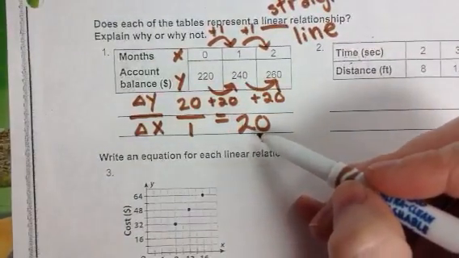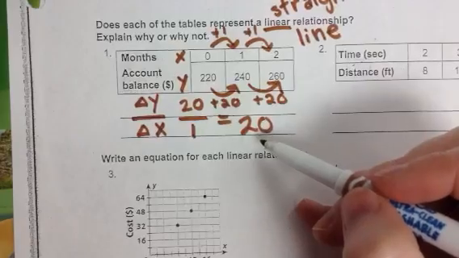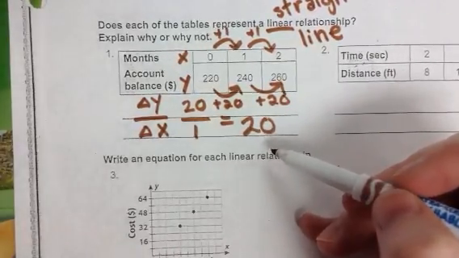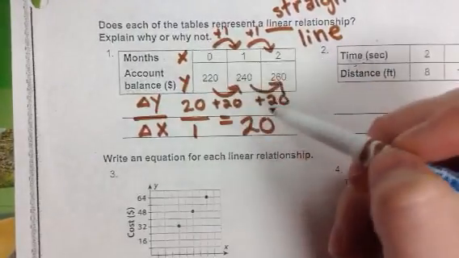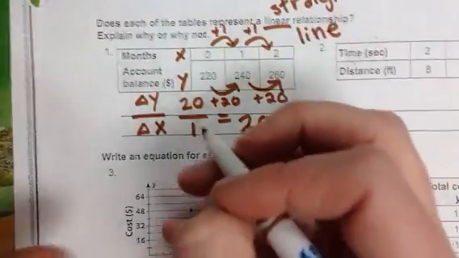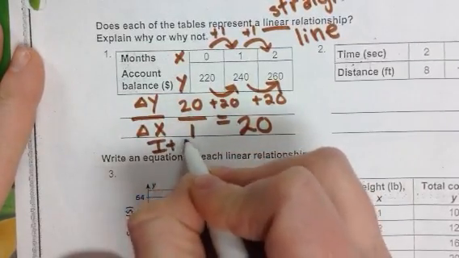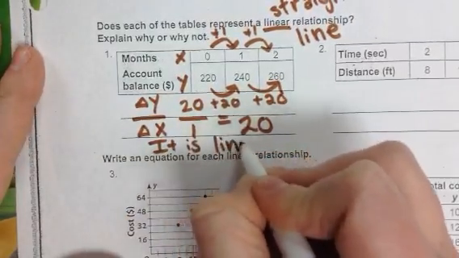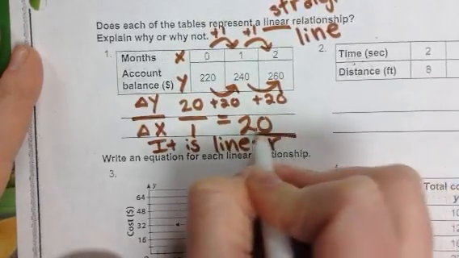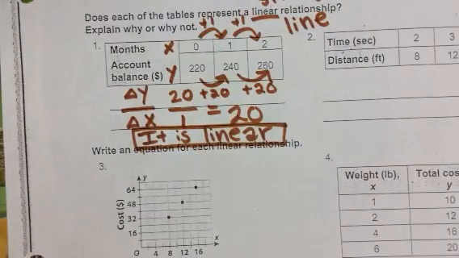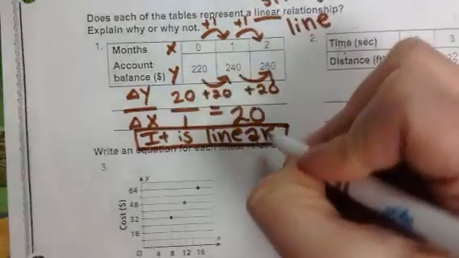So it has this constant rate of change, or a constant slope. So since both of them simplify down to 20, I do know that it is linear, because the table showed a constant rate of change. Number 1 is linear.